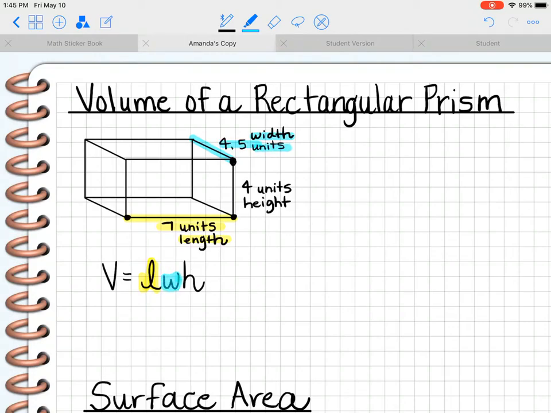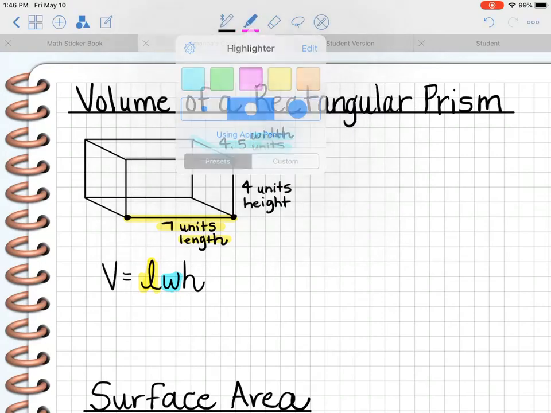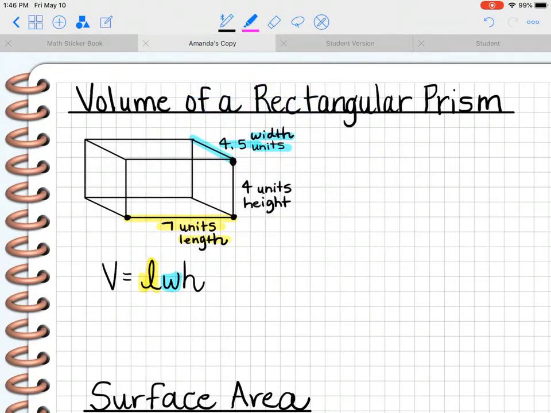That's this variable. And I say variable because this changes according to the box that you're working on. It will be different numbers for these different letters. And then the height is from top to bottom. That is 4 units in this problem, and that is what this H stands for.